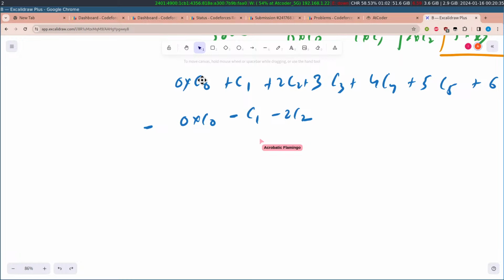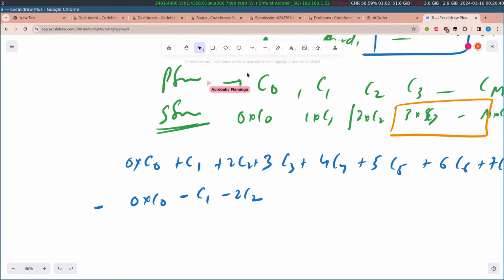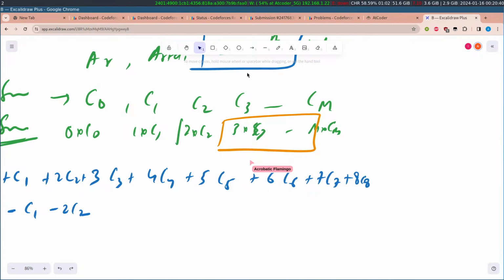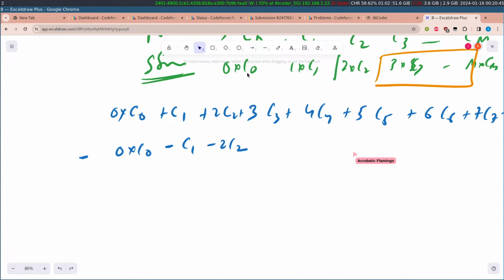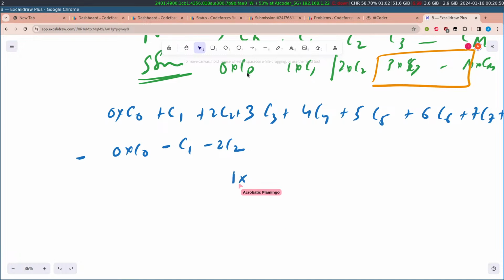And I know that I can find both of these sums using my S sum which I initially created, which was the prefix sum of I into Ci. And if I notice what I really need, what I need is 1 into C3 plus 2 into C4 up till plus 6 into C8.